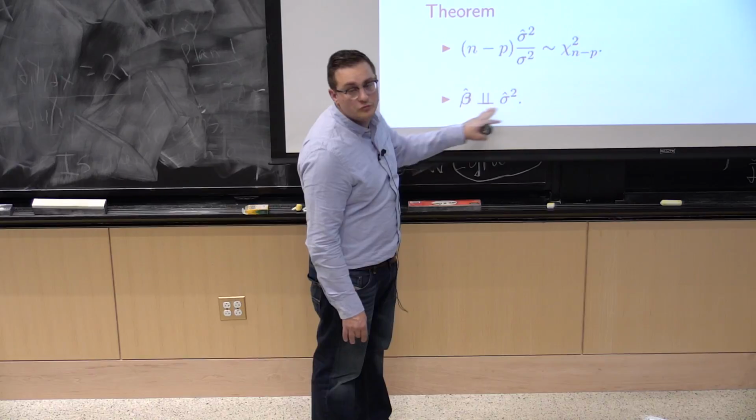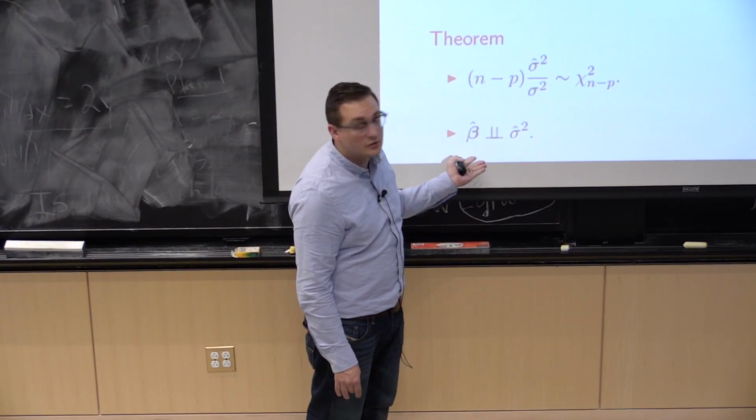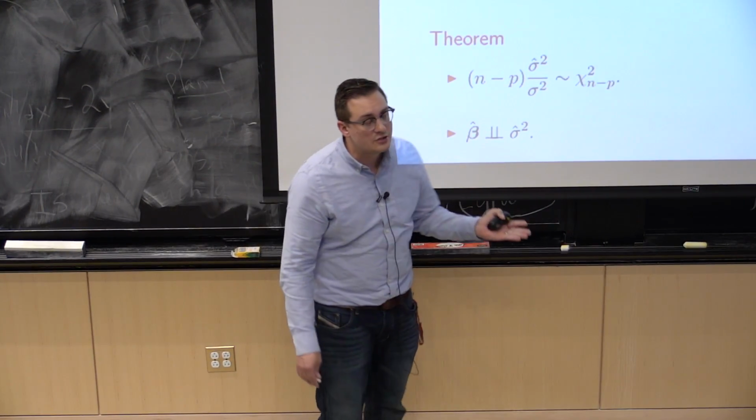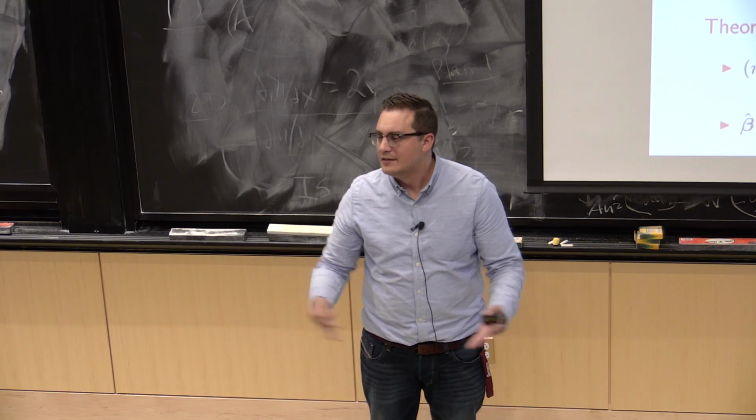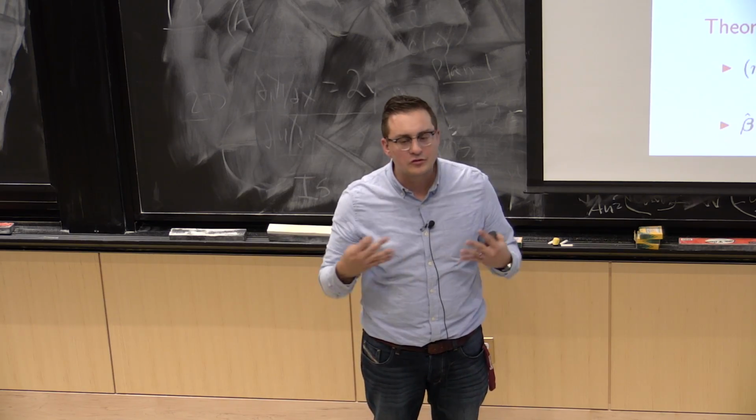And something I told you, which follows from Cochran's theorem, we did not go into details about this. But essentially, since one of them corresponds to projection onto the linear span of the columns of X, and the other one corresponds to projection onto the orthogonal of this guy, and we're in a Gaussian case, things that are orthogonal are actually independent. So from a geometric point of view, you can understand everything.